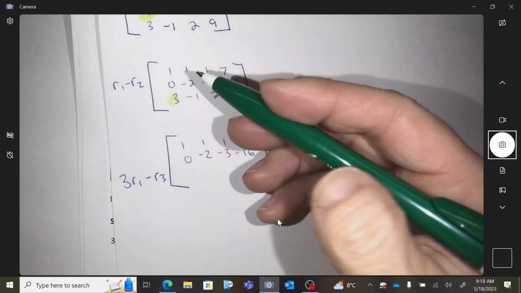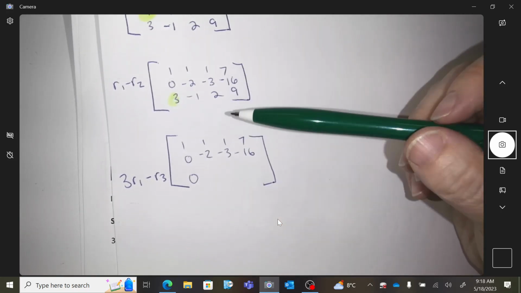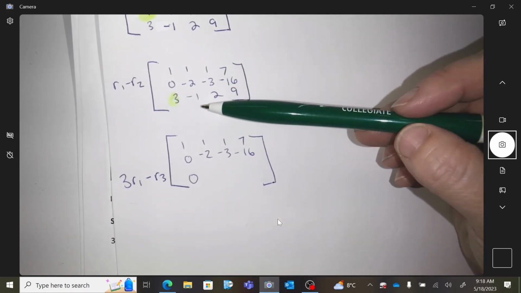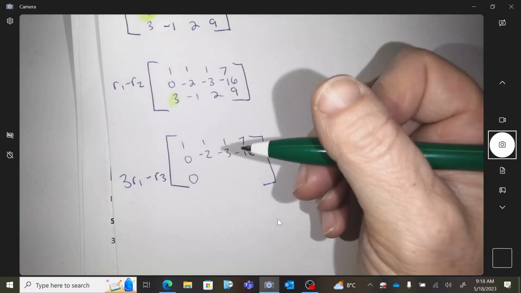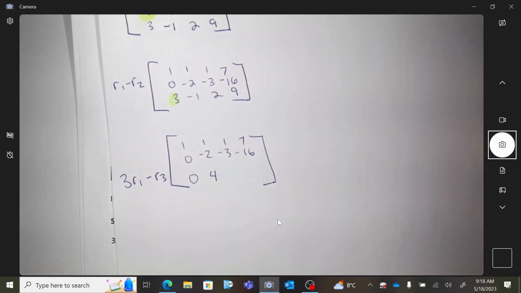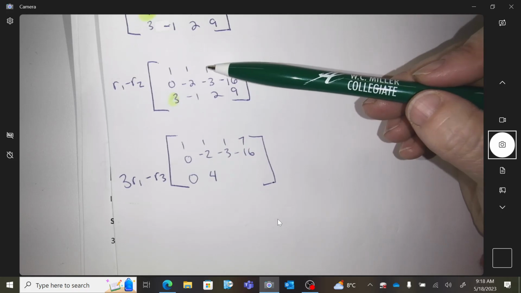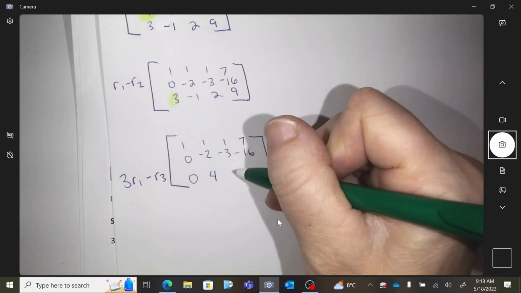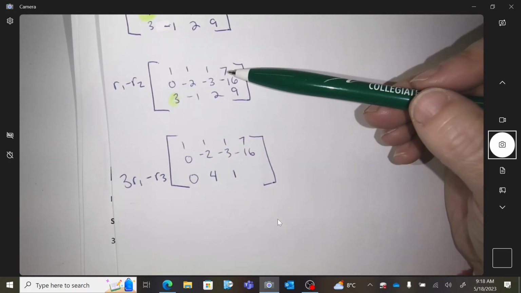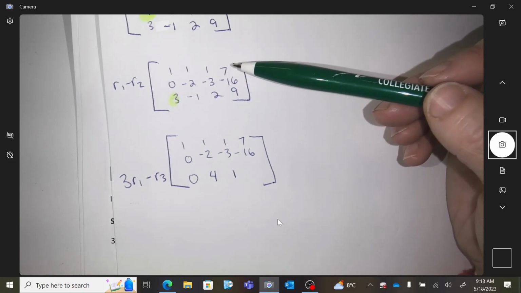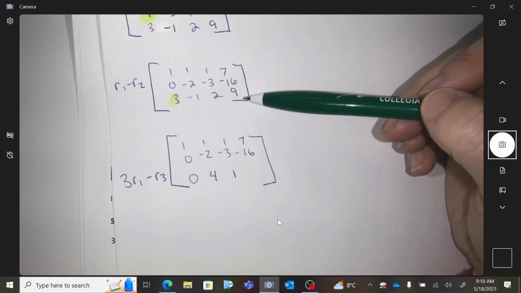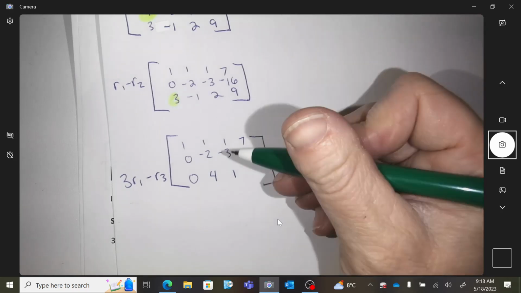Okay, so 3 minus 3. 3 minus -1 ends up being 4. 3 minus 2. So 3 times 7, so I got a 21 minus 9.